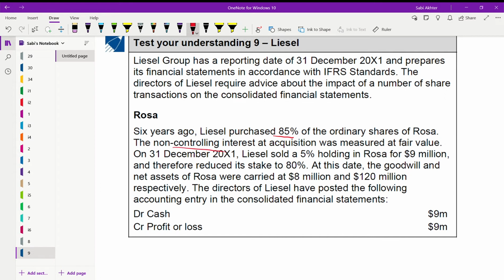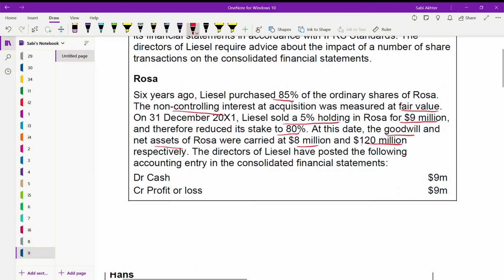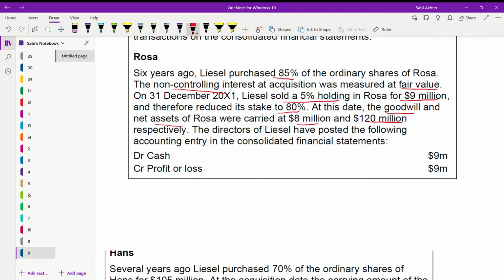The NCI is at fair value. Liesel sold 5% for 9 million. Therefore, the stake is at 80% because 85 minus 5. Goodwill is 8 and net assets are 120. So this is the information they have given, and the accounting entry they have done is: debit cash 9 million because they are selling it for 9 million, and credit profit and loss 9 million, assuming the profit they are gaining is in profit and loss.